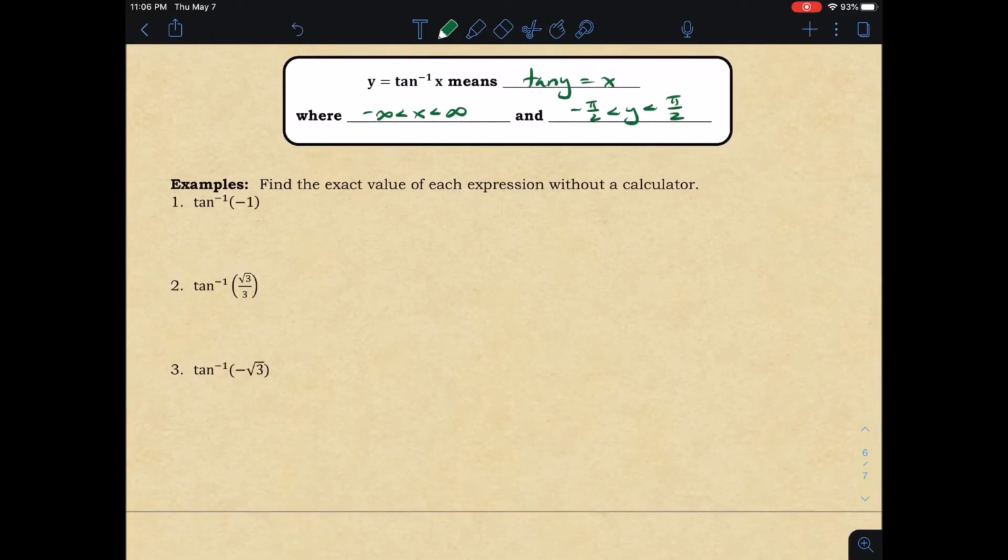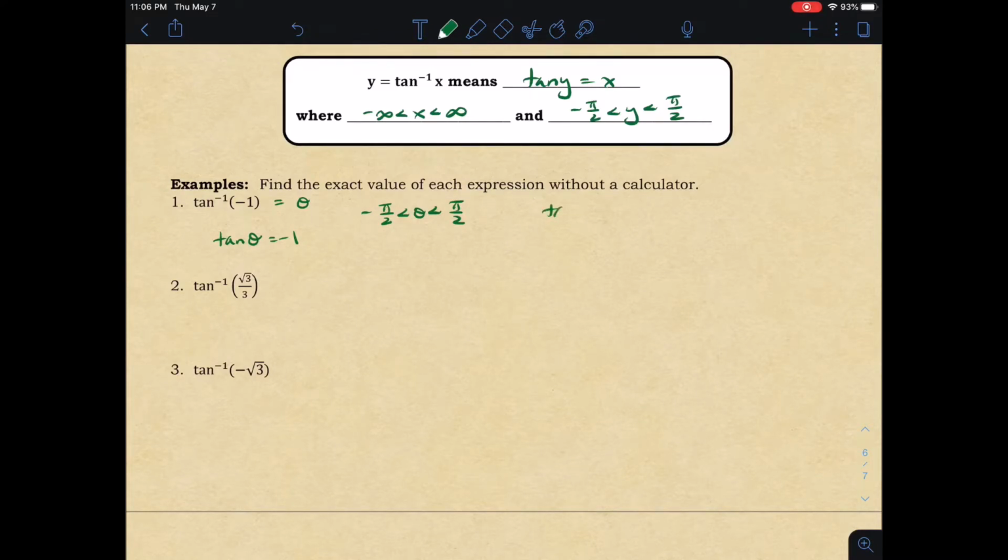Here I have tan inverse of negative 1. So just like we've been doing before, I know that tan inverse of negative 1 is some angle. And what I know about this angle is that if I take tangent of that angle, I'm going to get negative 1. And also that angle has to be between negative pi over 2 and pi over 2. And so again, hopefully you're familiar with your unit circle or your reference angles.